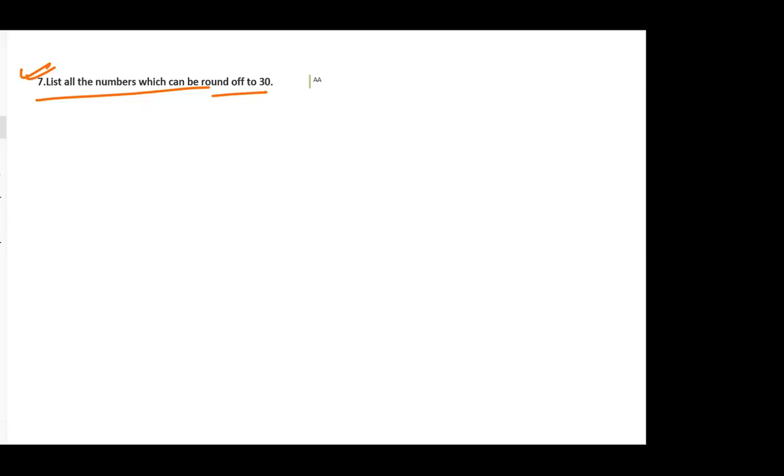So first of all, the smallest number is 25. Yes, 25, because if we round off 25, we'll get 30. Then the next number is 26, because if we round off 26 again, we'll get 30. Then 27, 28, 29, and then 30, of course.